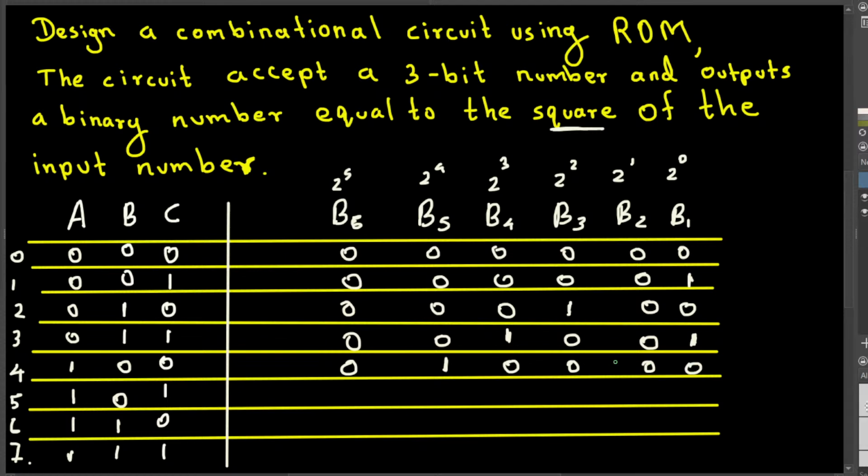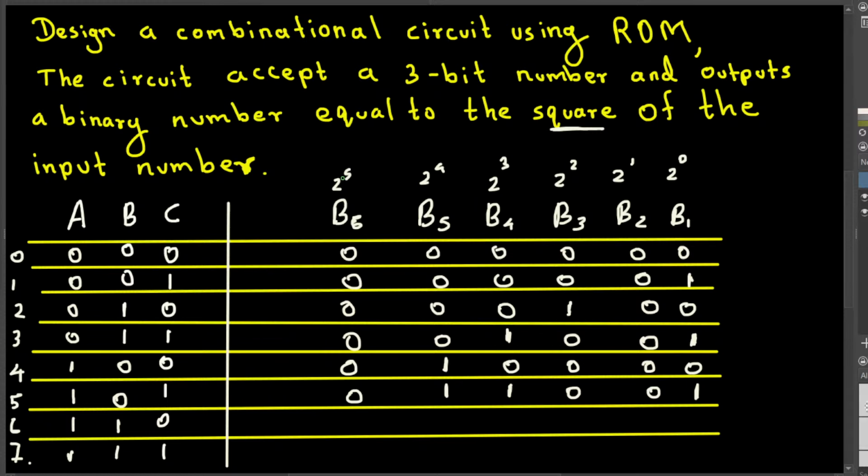And then 5 square is 25. Here we have a 16 plus 8 is 24, and a 1, 25. Others are 0. And last, no, we have one more. 6 square, that's 36.